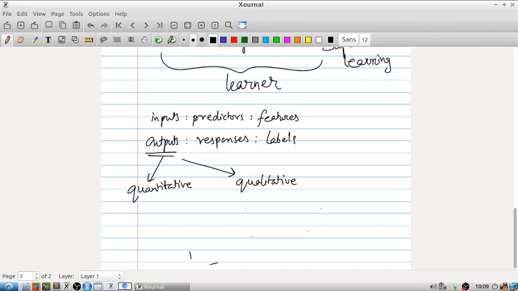By quantitative I just mean that they take numerical values, and by qualitative I just mean that there could be some semantic symbols that you can assign to the output. For example, the output can be like happy or sad. Maybe that's what you want to predict. Happy and sad are just semantic notions that you can predict. So that's what I mean by qualitative.